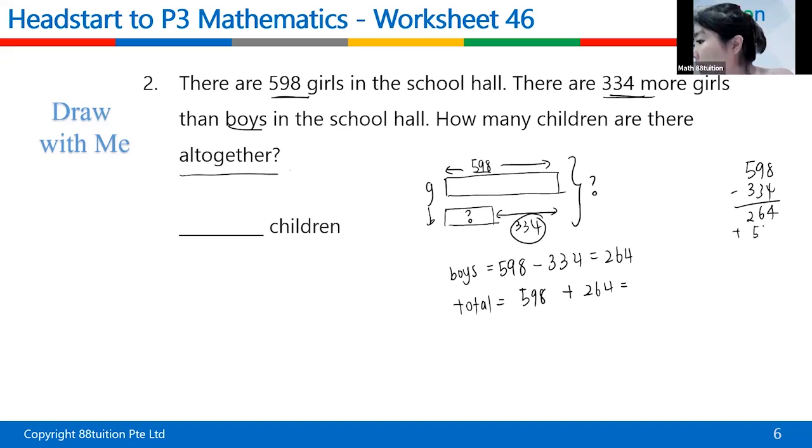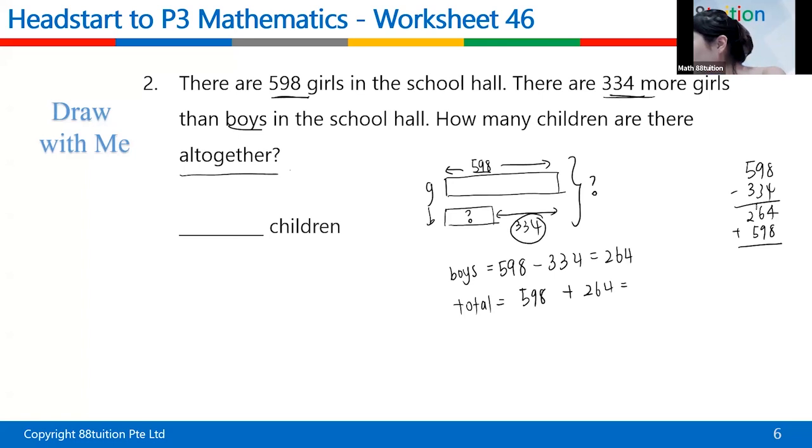Okay, so let's add this up. Can you tell me 8 plus 4 gives you? Total is 862.